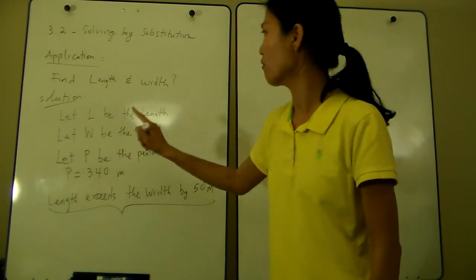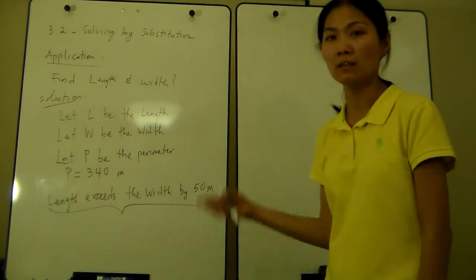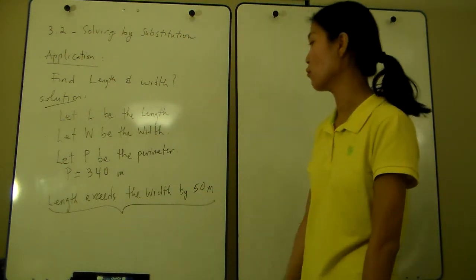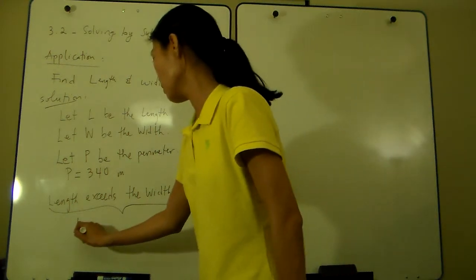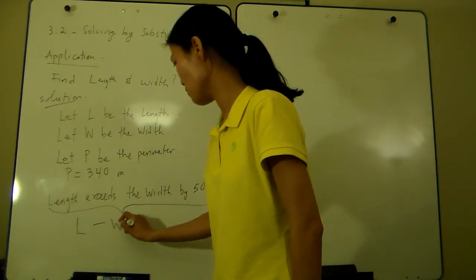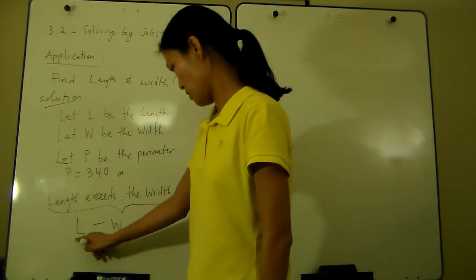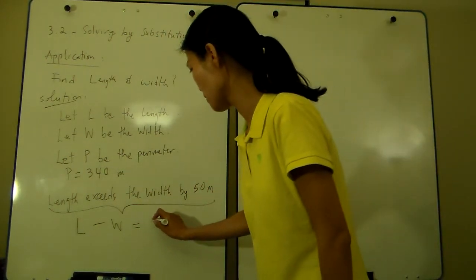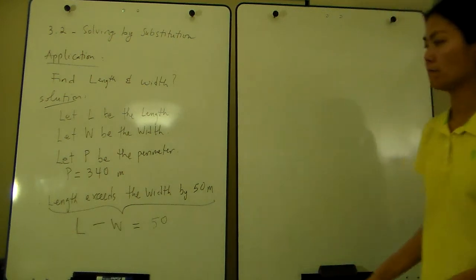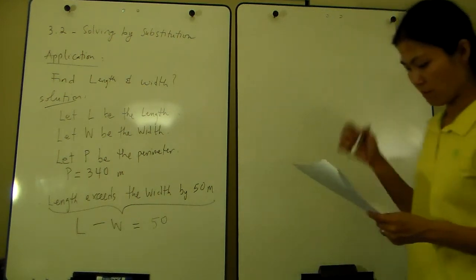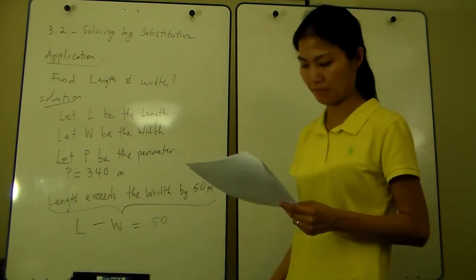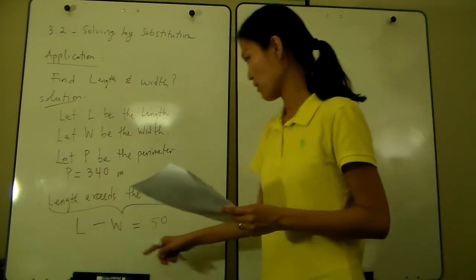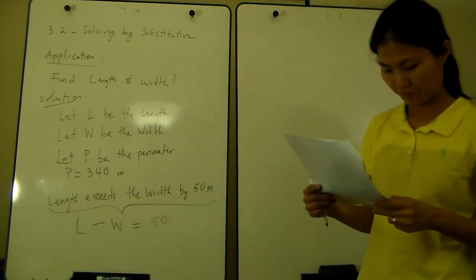The length, L, exceeds the width, meaning the length is longer than the width. So if you take the difference, the length subtract the width, you should get 50 meters. So far we got one equation: length subtract the width is 50 meters.